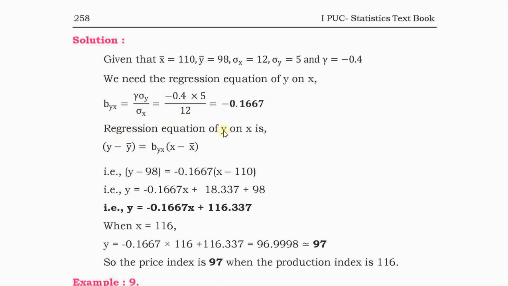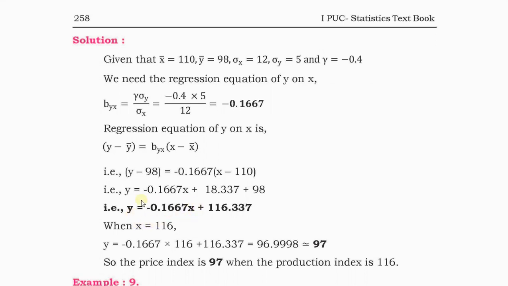Therefore, the regression equation of y on x is given by y minus y bar is equal to byx into x minus x bar. That is y minus 98 is equal to minus 0.1667 into x minus 110, which results into y is equal to minus 0.1667 into x plus 116.337. This is the regression equation of y on x.